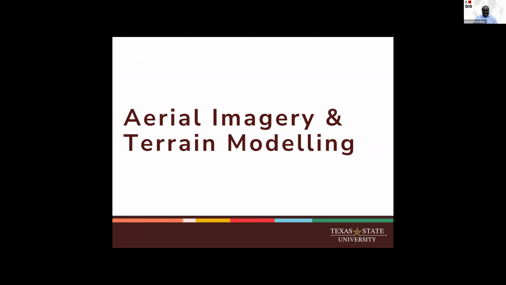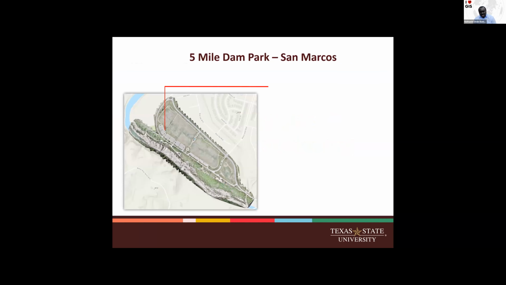Okay. Aerial imagery and terrain modeling. You can also use drones for these things. We started a project where we wanted to create a 2D map for all the parks in San Marcos. This is what we call the 5 Mile Dam.